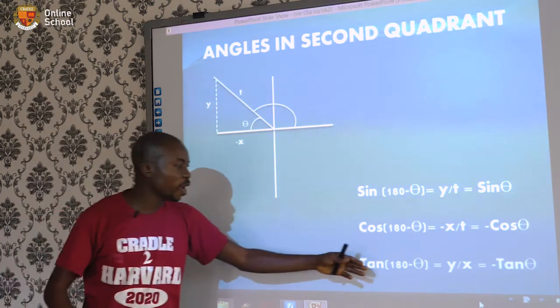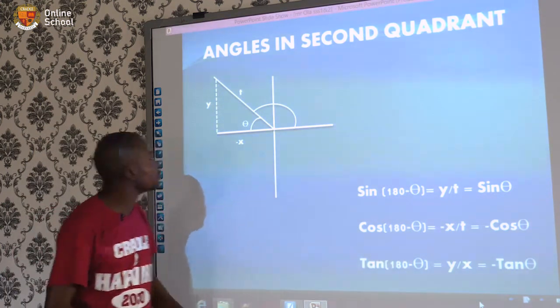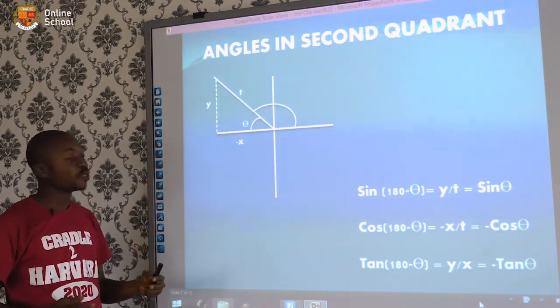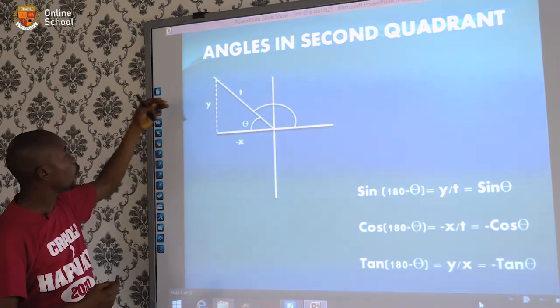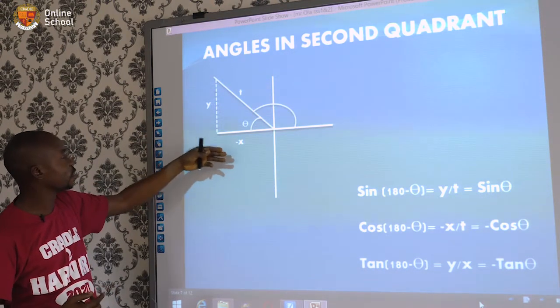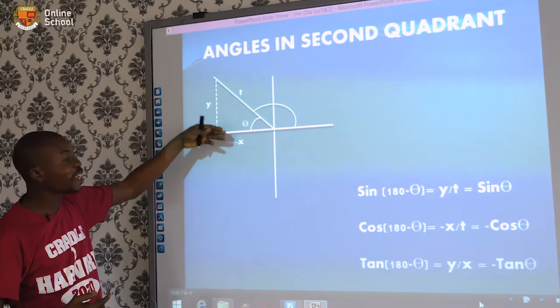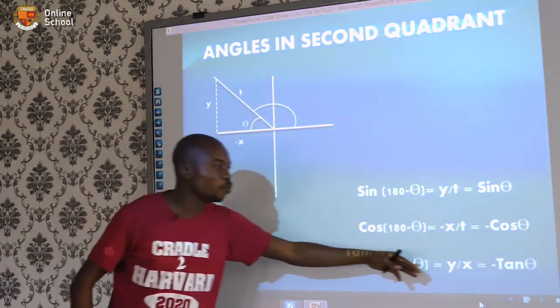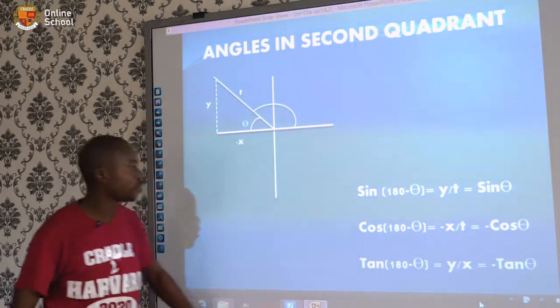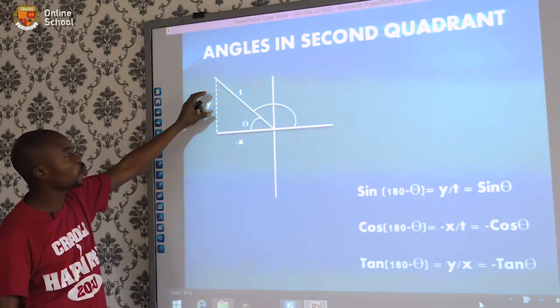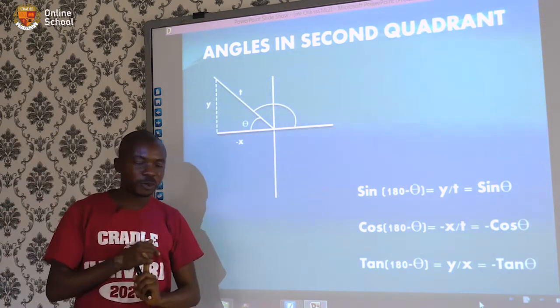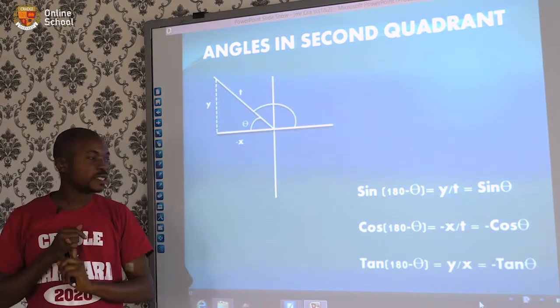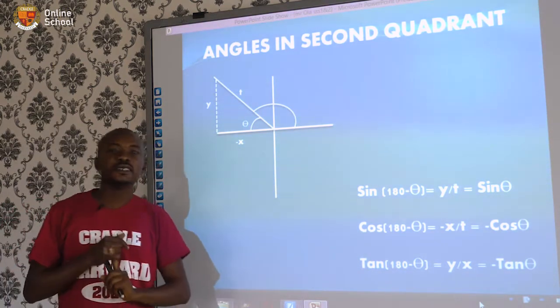Now, tan of 180 minus theta is opposite over adjacent. Opposite is y, but adjacent is minus x, and that will give us a negative value of tan theta. So in the second quadrant, sine is positive, cos is negative, tan is negative.